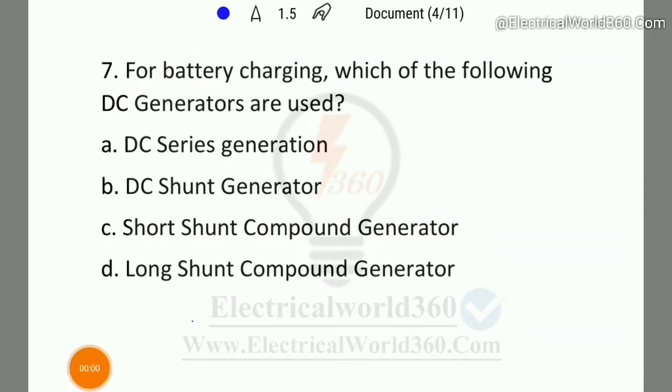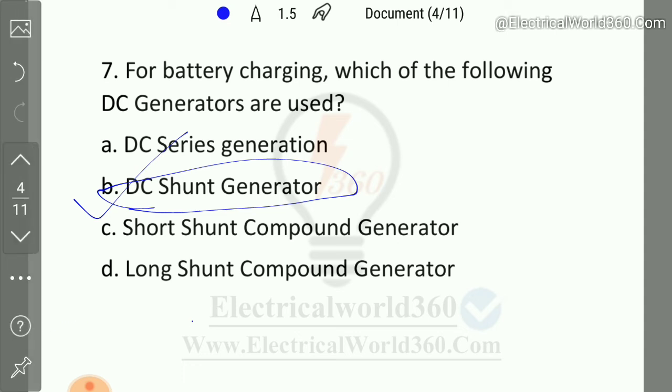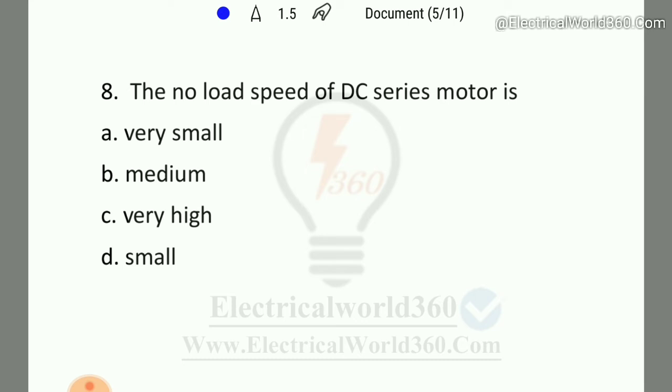So as we know, an application of DC shunt generators is to charge the batteries. So here the right answer is option number B. DC shunt generator is used to charge the batteries.